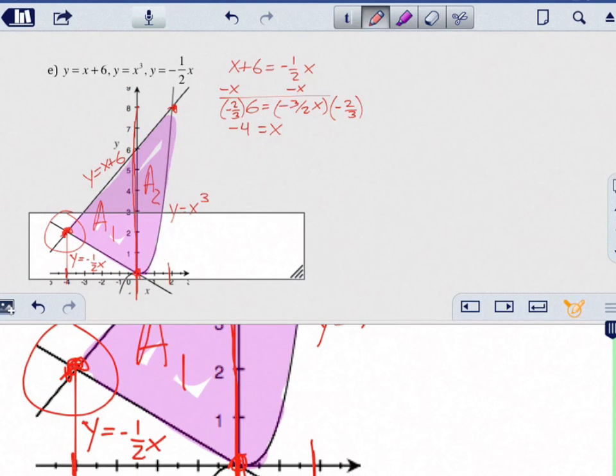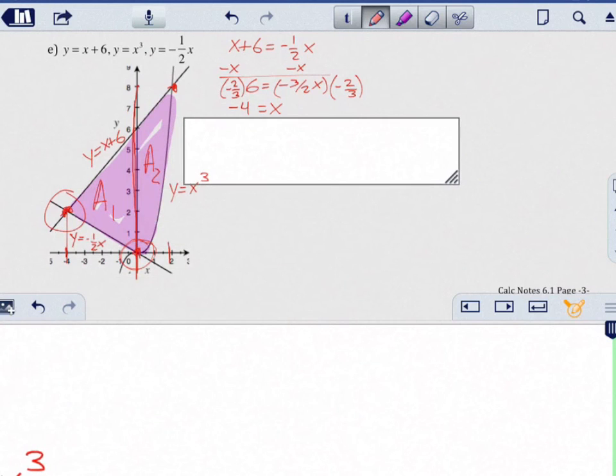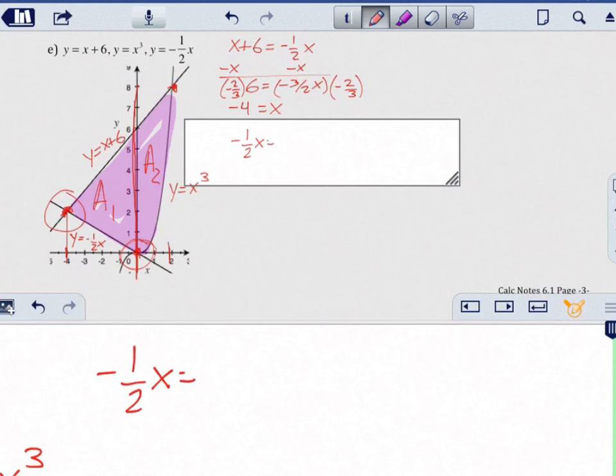And let's take a look at our second intersection right here. So this is going to be where negative 1/2 x equals x cubed. So we'll just add this to the other side and say 0 equals x cubed plus 1/2 x.